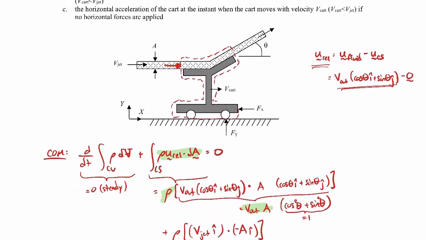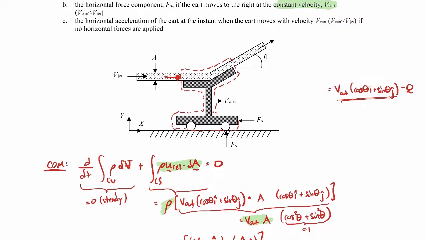So let me go back up to the picture here. I'm going to erase some stuff to give myself some room. Now the velocity going out, so now we're using this coordinate system relative to the ground, so you have to keep that in mind. So the velocity out relative to the ground is going to be the following. It's just going to be velocity out relative to the ground will be the velocity out relative to the cart plus the velocity of the cart.